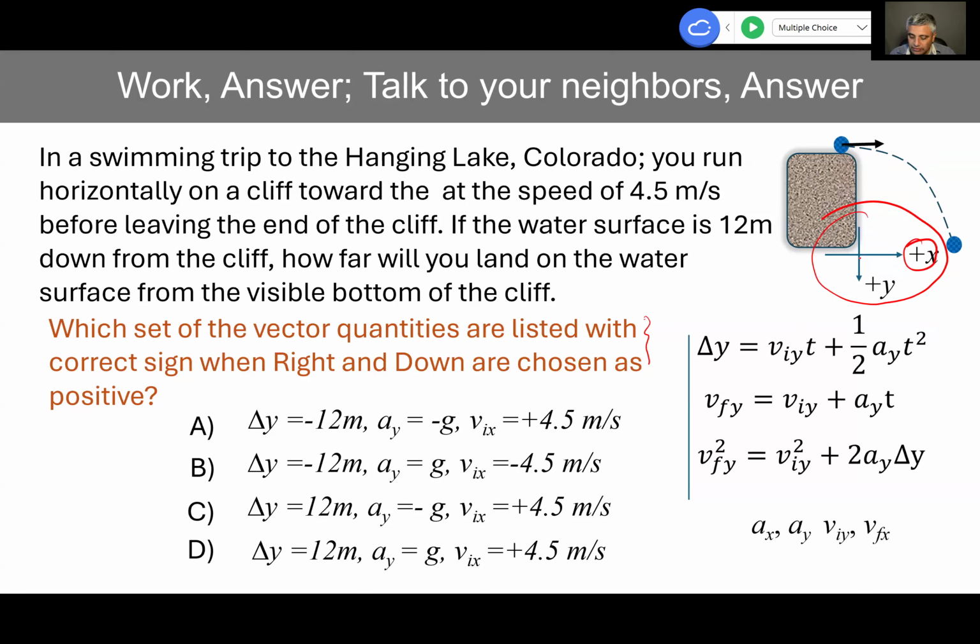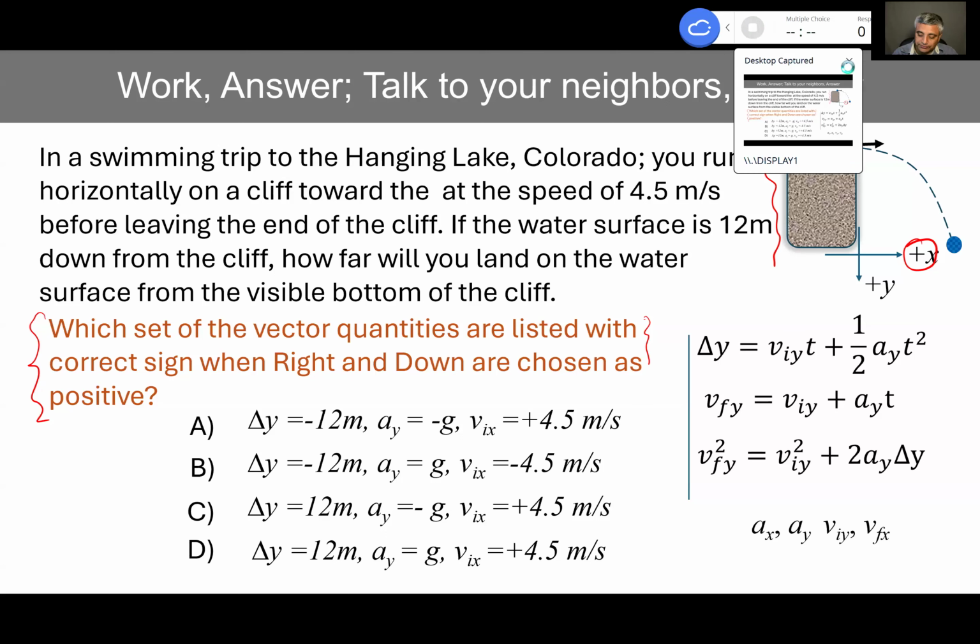Right is positive and down is positive. Not up is positive, but down is positive. So anything that's pointing down is going to have a positive sign, based on our choice. This is the only thing that's changing. So read the question, then reread it sentence by sentence, and then answer the question.